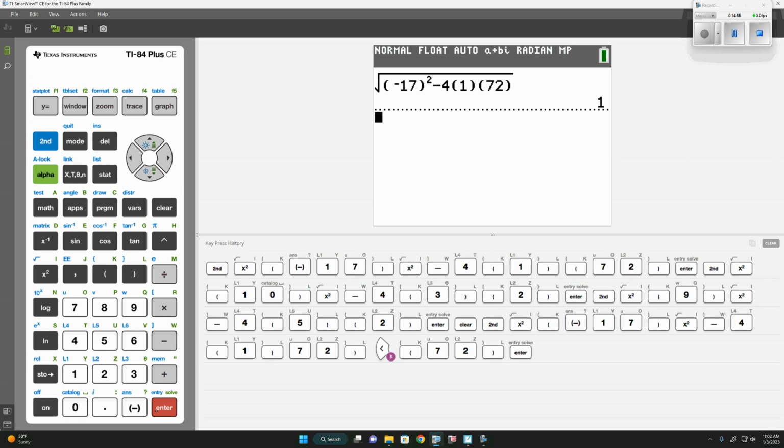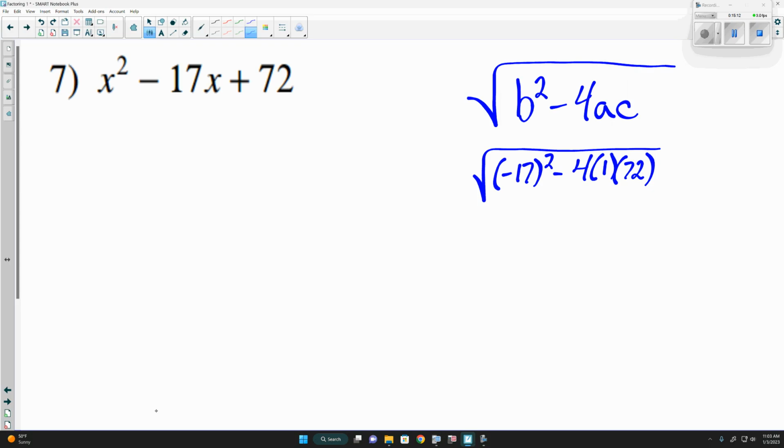If the calculator gives us a domain error, it doesn't factor, because a domain error means that a negative number was inside the radical, which means it's a complex solution. It does not factor. So this one does factor. Especially if you're having trouble factoring it and you're not sure, this is a good way to check to make sure it does.